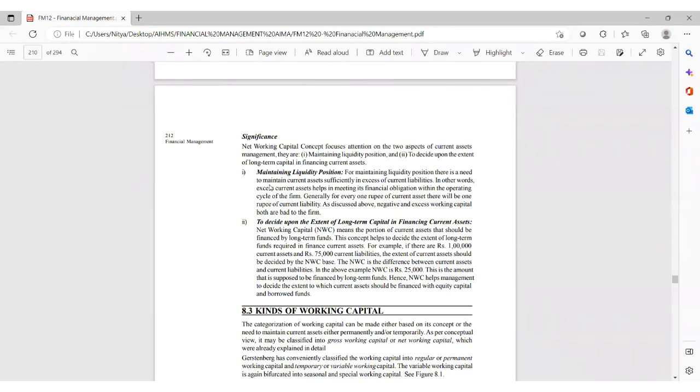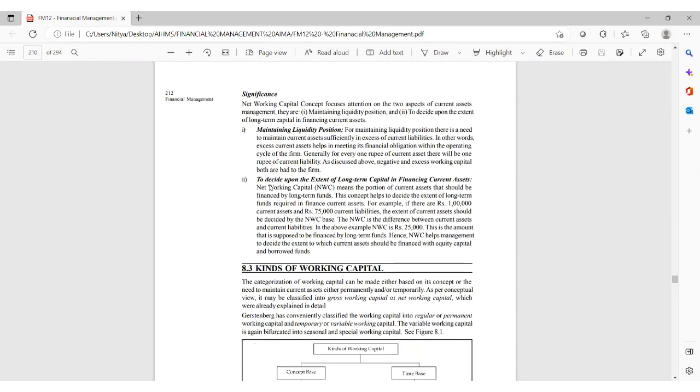Many a times you even have to make use of long-term capital, because there is some portion of the current assets which is always involved in the business, which is known as your permanent working capital, so that you can finance with the help of your long-term capital.